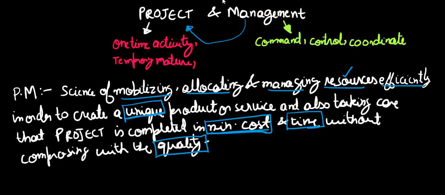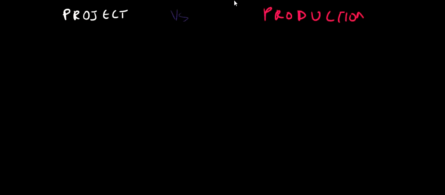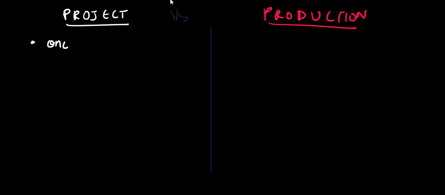Let's proceed further. Now let's first see the difference between project versus production. We have just seen that a project is a one-time activity, while production is repetitive in nature.